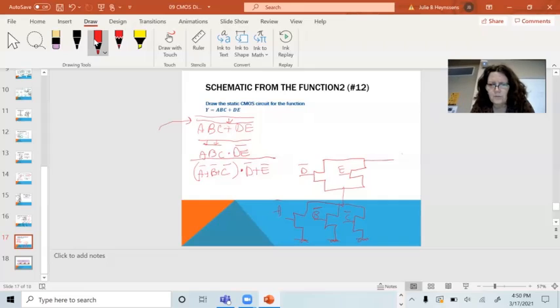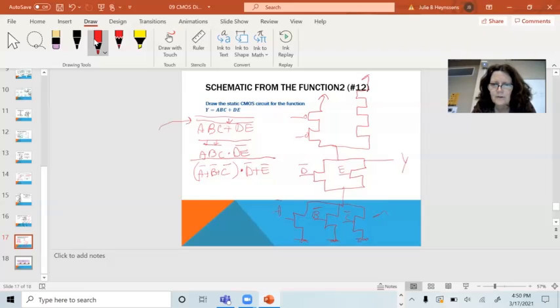And this is Y. And then for the PMOS, I've got 2 things in parallel. I'm going to have 2 things in series. Drawing with a stylus on a slippery screen, and I'm going to have this network down here give me 3 things in parallel.